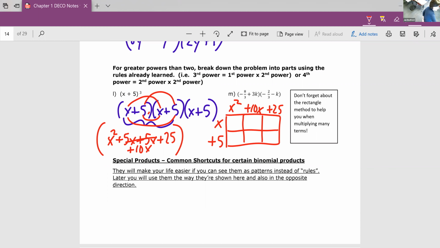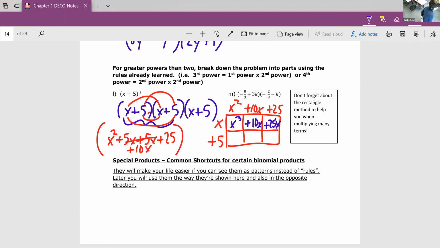And what's going to go in this first box? X to the 3rd. X times x to the 2nd is x to the 3rd. What's going to go in the middle on the top row? Plus 10x squared, because x times 10x, x times x is x squared. What goes in the 3rd? Plus 25x. Good job.